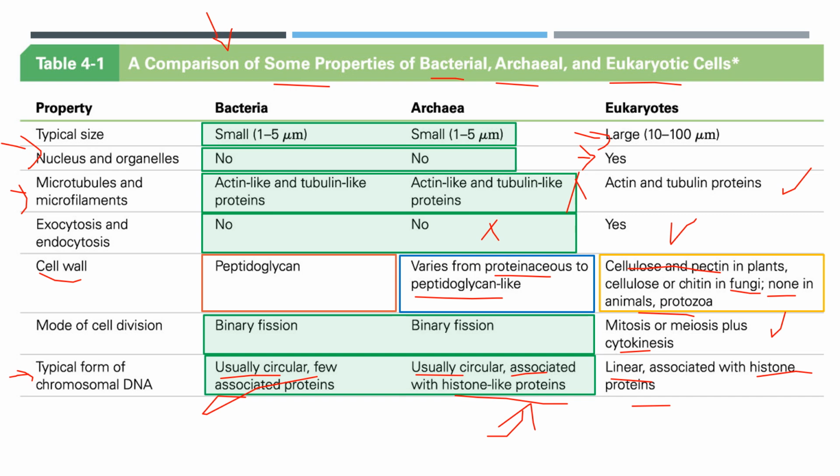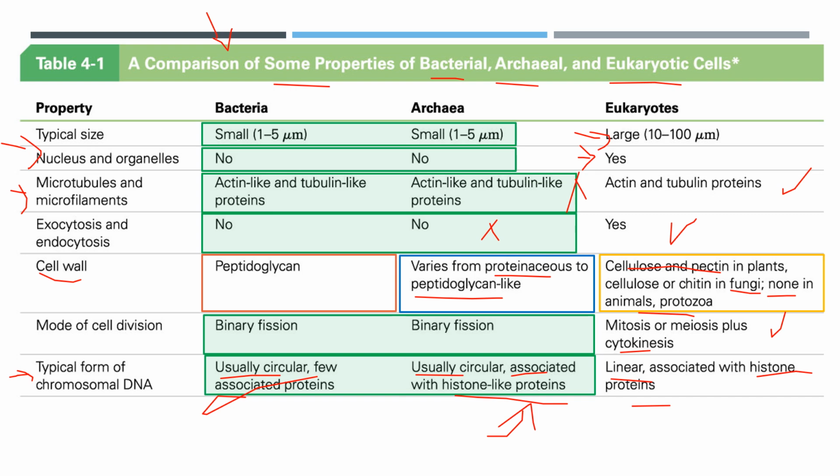When you go and study each one of those in more detail, you will see that they are actually not as close as we thought, that they are just similarities that occur in many cases because they are small. For example, if you have a small cell, you need a lot of DNA, so you don't have to pack it as well. Using this linear chromosome, you can have just a few proteins associated.